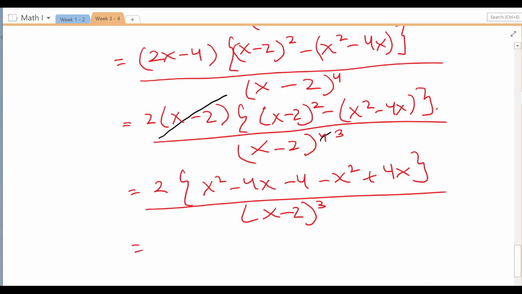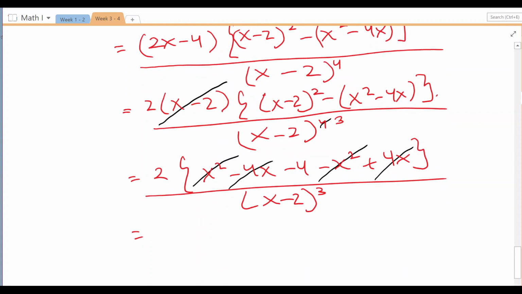So x² cancels with that one, 4x cancels with that one, and we only have negative 8... and positive 4, okay, that's right. So we got 8 over (x − 2) raised to the power of 3 as the final answer.